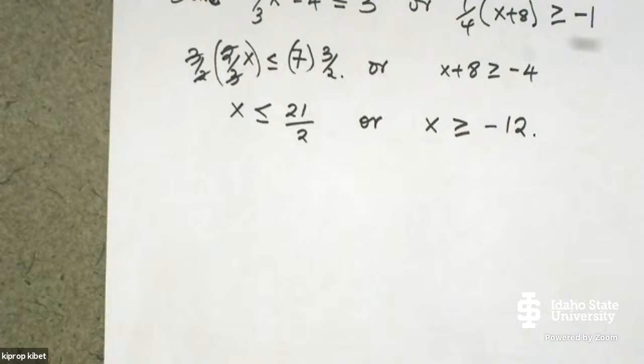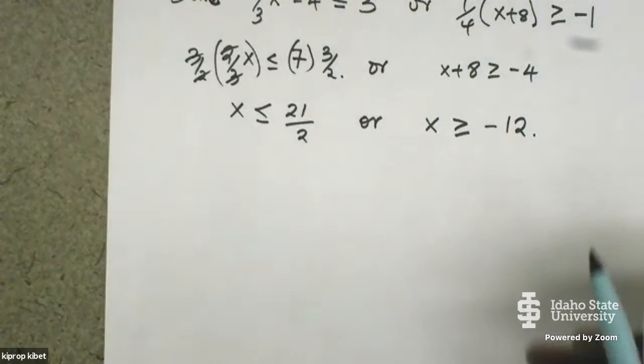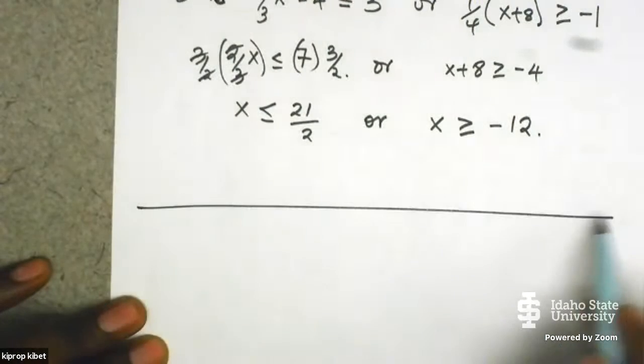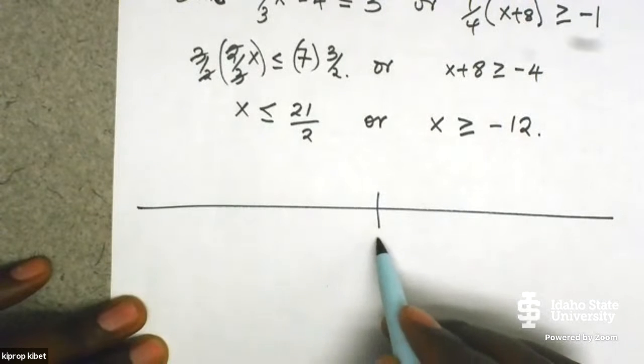So what happens? We now draw the number line. So we can start from 0.